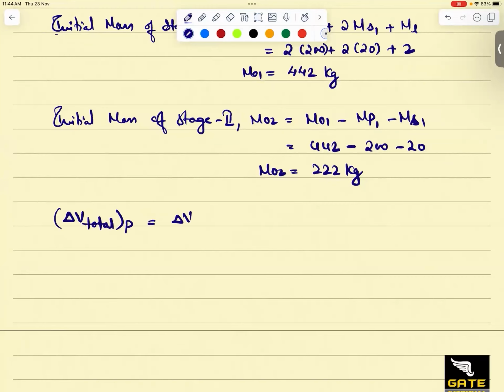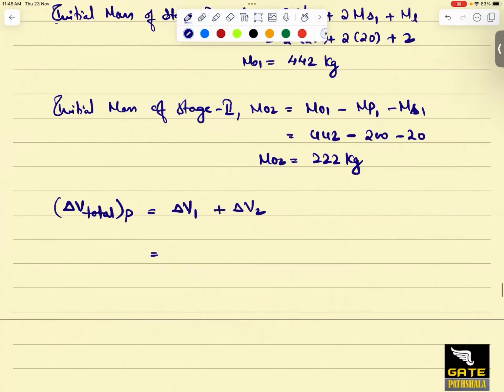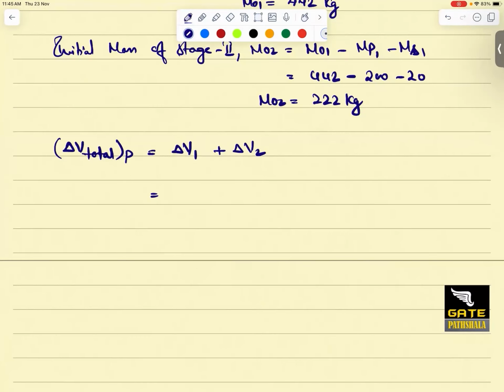So what will be delta V total for rocket P? It will be delta V1 plus delta V2. Both the ISPs are the same, so I'll simply write ISP ln of M01 by (M01 minus MP1) plus ISP into ln of M02 by burnout mass, which is M02 minus MP2.